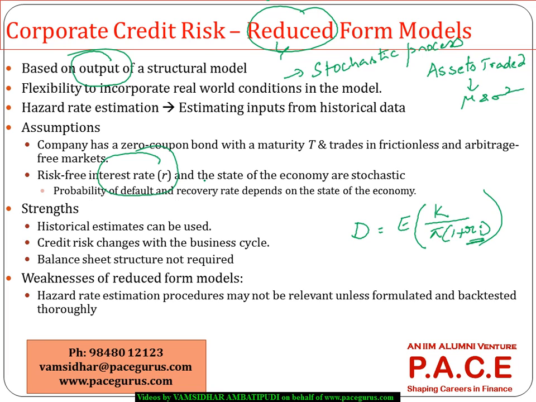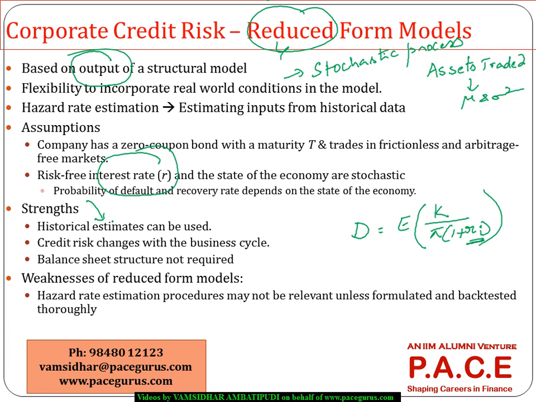It is stochastic, meaning based on the status of the economy, the interest rate can go up or go down, which means the probability of default also can be increasing or decreasing depending on the state of the economy. So that is one major variation that this model brings in.